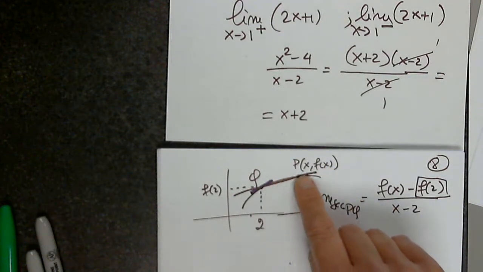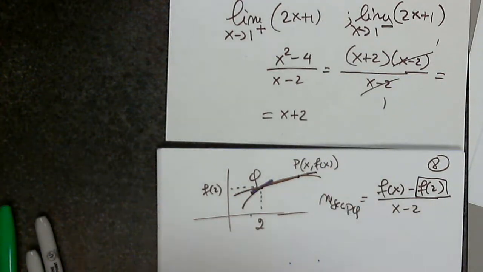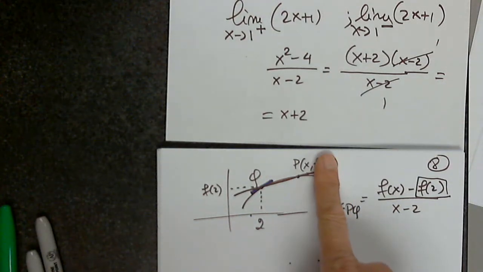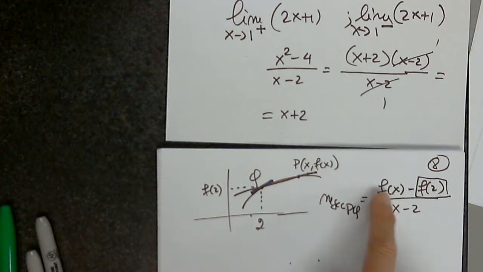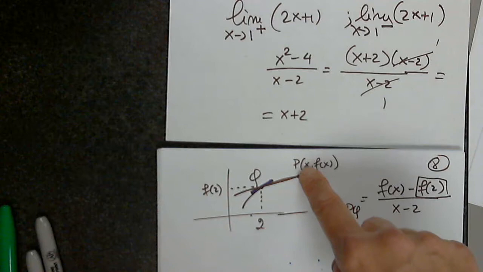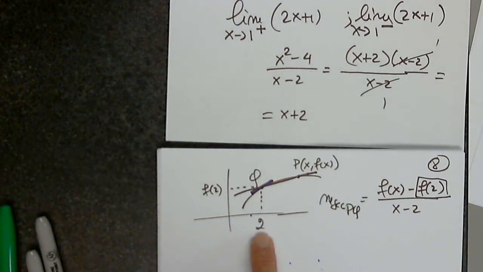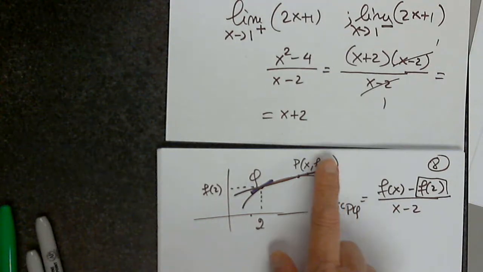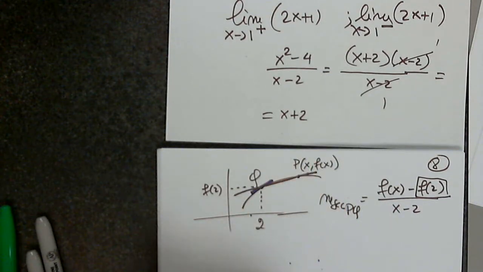Now I'm trying to determine the slope of the secant line. The slope of any line given 2 points is f of x2 minus f of x1 over x2 minus x1. That's the definition of the slope. y2 minus y1 over x2 minus x1.